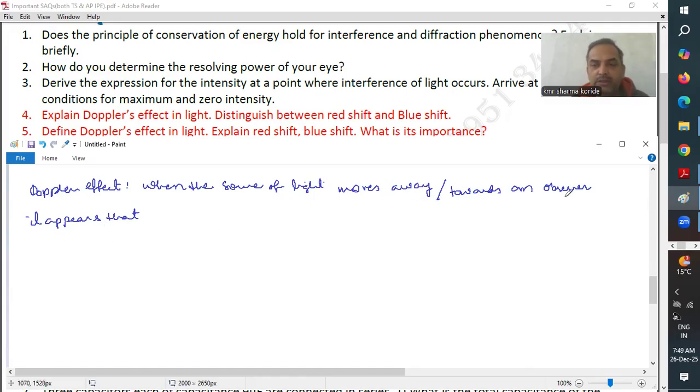When it moves towards the observer, wavelength decreases, frequency increases.